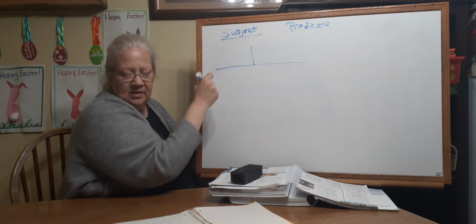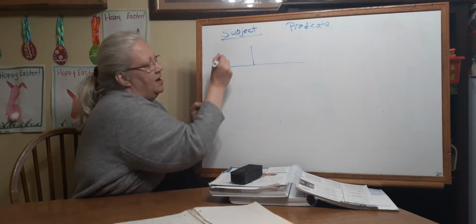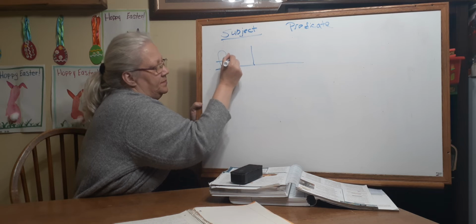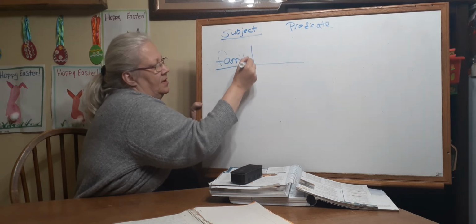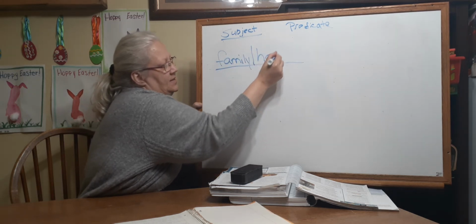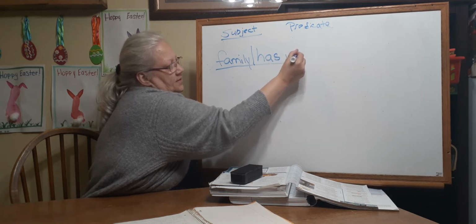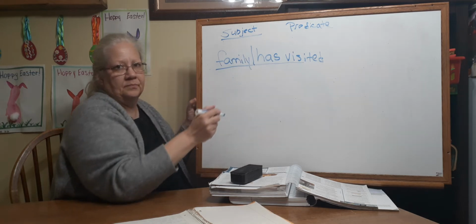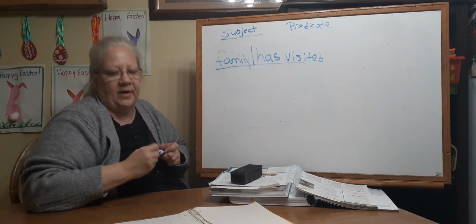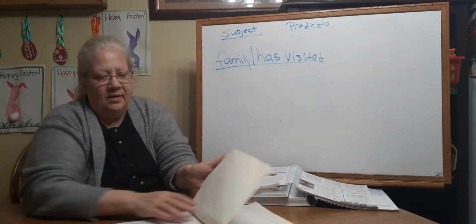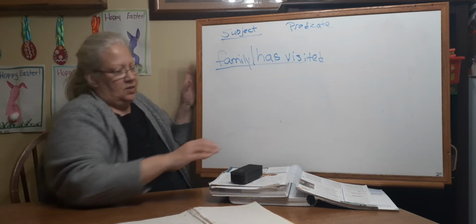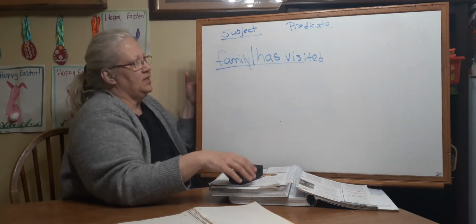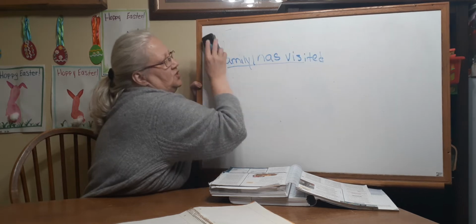My subject is still family. And my predicate is has visited. Okay? That's my verb. All right? My verb or my predicate. All right. Now, so this would be a simple subject, simple predicate type of situation.